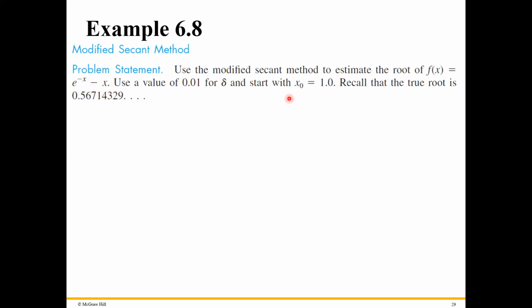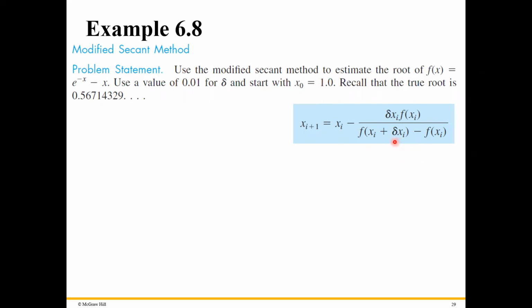In this way we can improve the convergence of this method. The formulation is similar to the secant method. The only difference is that instead of xi minus 1 minus xi, we are using delta xi, which means the change in the value of xi. Here delta is 0.01, so delta xi is 0.01 times 1, which is 0.01.